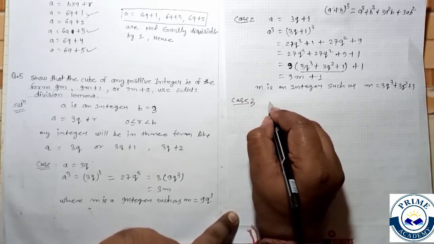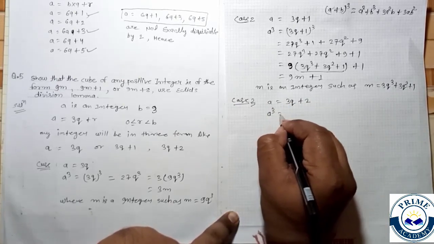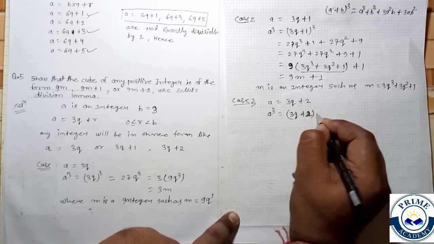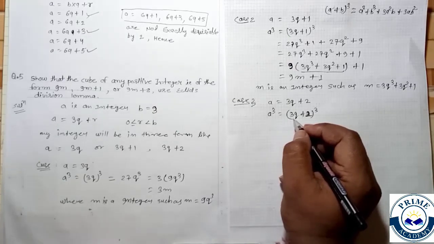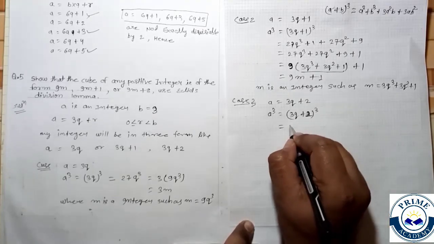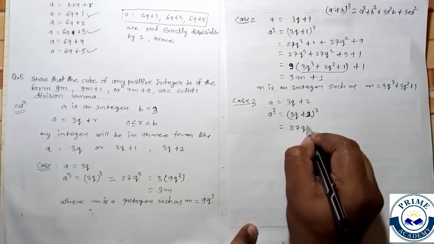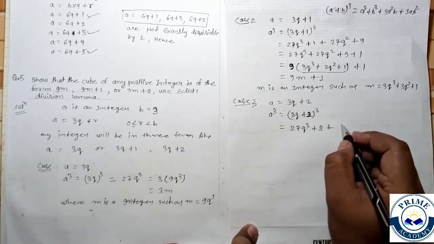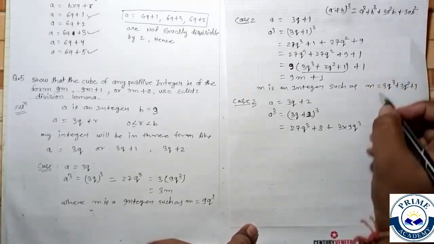Now case number 3, a equals 3q plus 2. After cubing both sides, what you will get, let's see, this is 2, this is 3q, so you will get the same things. I can just compare these identities. You will get 27q cube plus 8 plus 3 into a square, means 3 into 9q square, into b, what is b?